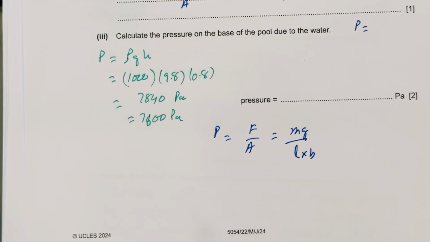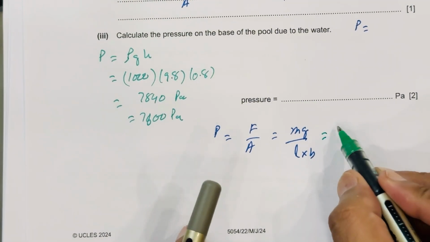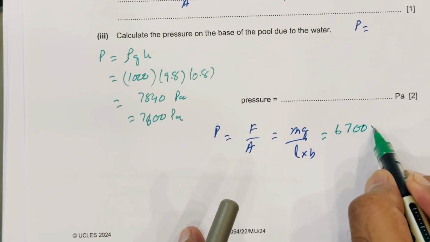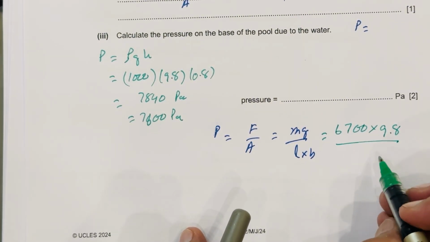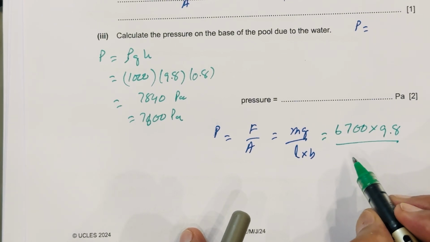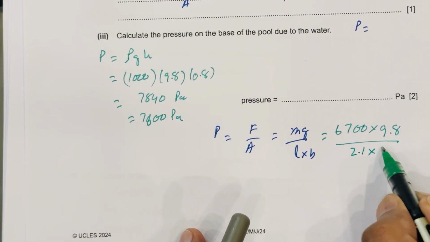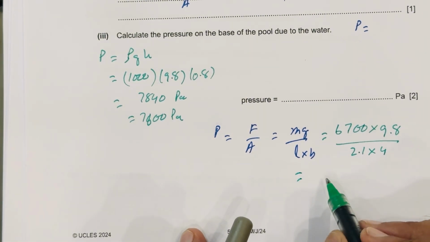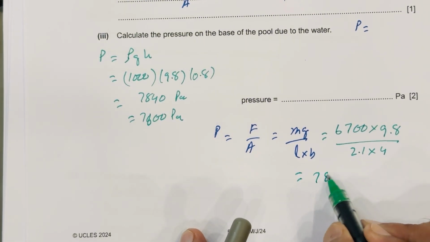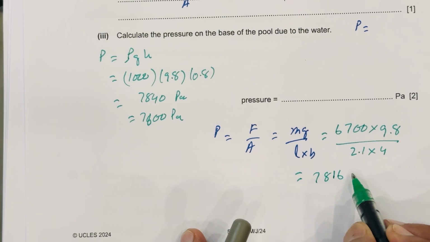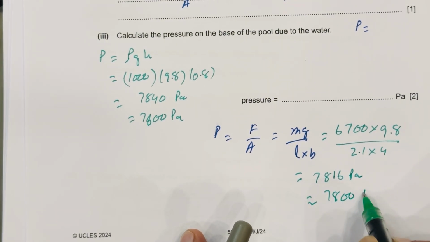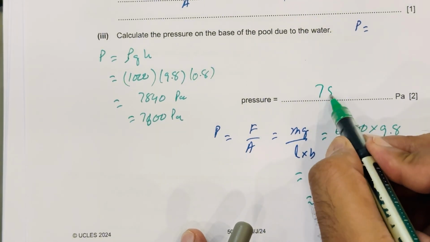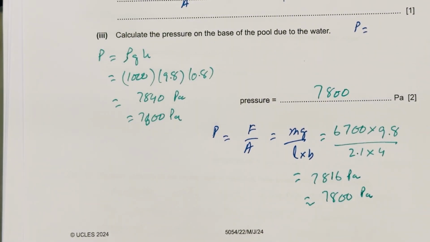The value of m is what we just calculated in the first part, that was 6700, the value of g is 9.8, and the length and the breadth are 2.1 and 4. After solving it, we get 7816 Pascal, that is approximately 7800 Pascal when we convert it into two significant figures. So both methods are considered correct.